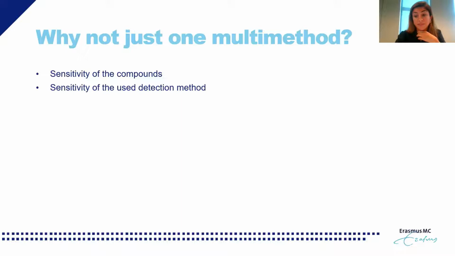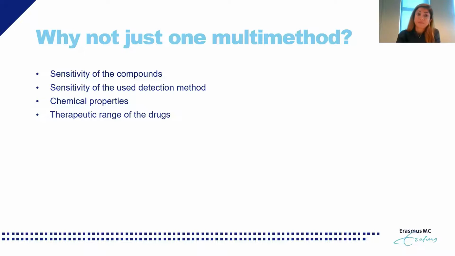Also, the used quantification method and detection method is very important. And also the chemical properties of every compound are different. For example, some compounds are more polar or more non-polar, and that's why they behave differently in the LC.